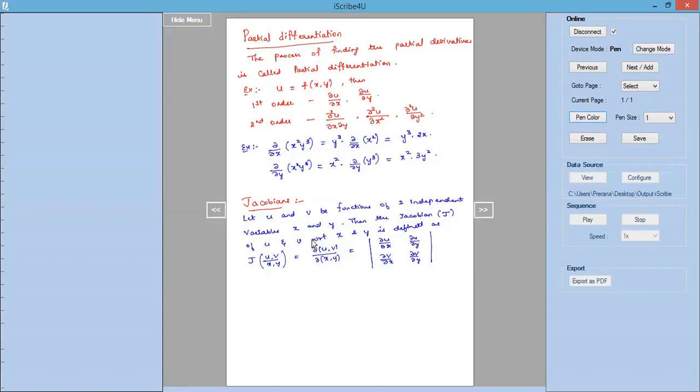Next we will define u, v, w with respect to three independent variables x, y, z.